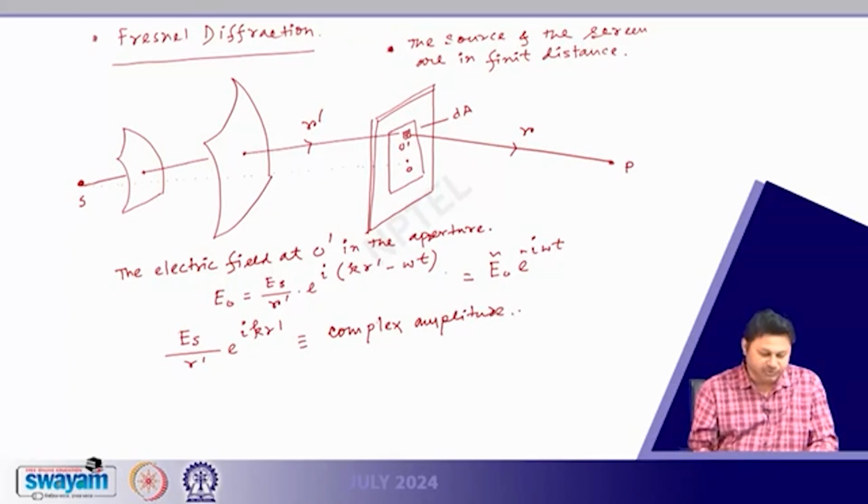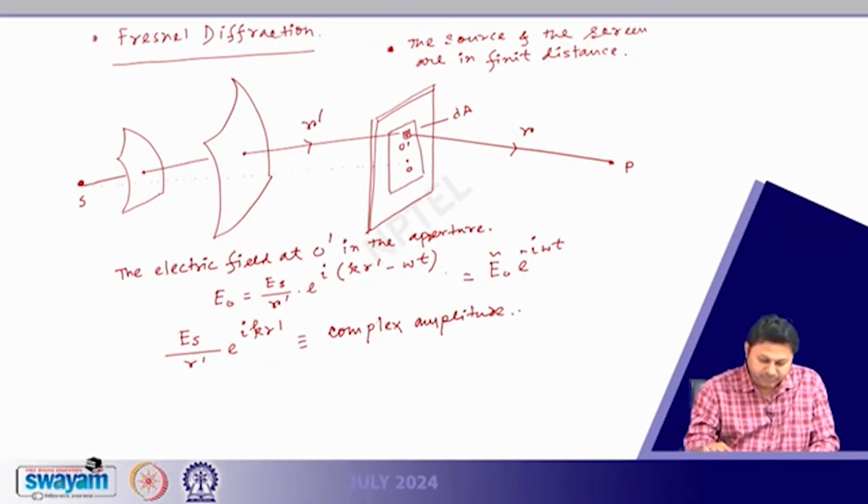This is complex amplitude. Now, the contribution to the resultant field at point P due to all small area. So, due to the small area, what is the contribution?